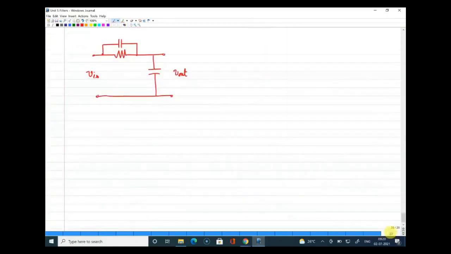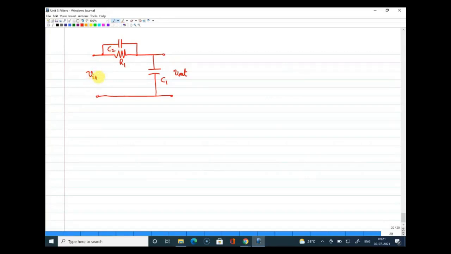So if I name this R1 and C1 as the original filter we discussed so far with a single pole, and now since I am introducing a second capacitor here, I am calling this C2. All right, so now can you help me in writing the transfer function of this circuit?